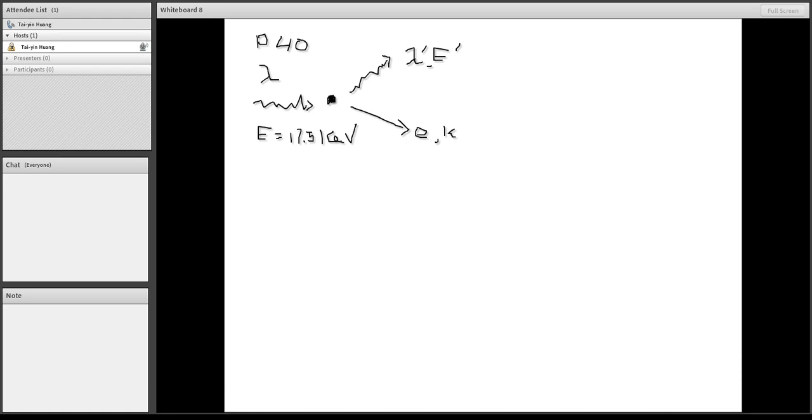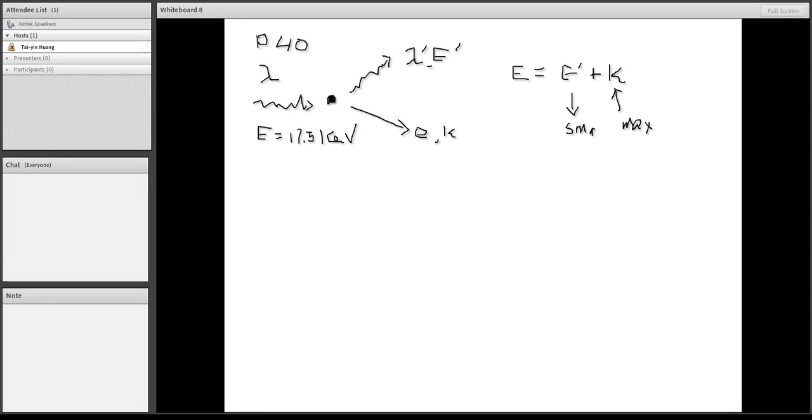Basically everything is conserved, conservation of energy. So you can write down that the energy of the incoming photon has to be equal to the energy of the outgoing photon, E prime, plus the kinetic energy of the electron. In order for this to be maximum, we have to make sure that E prime becomes as small as possible.